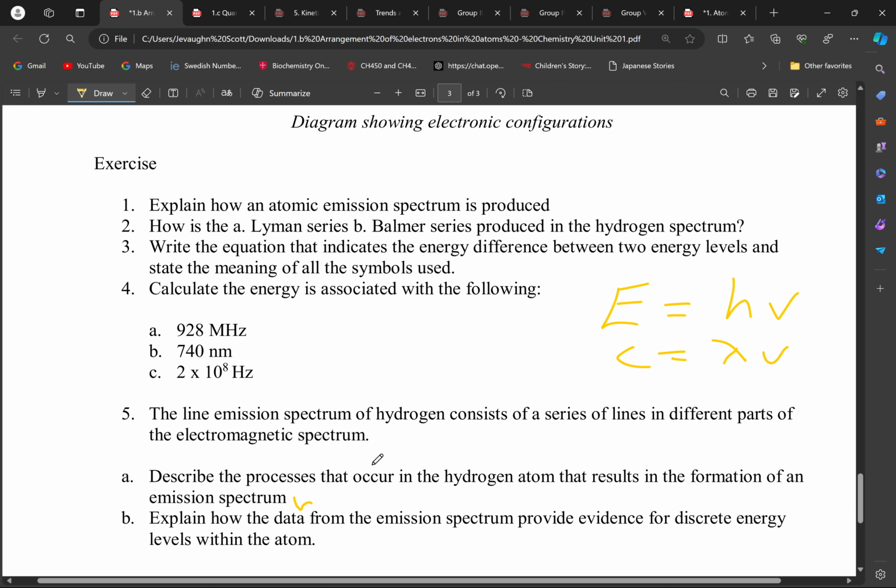So the hydrogen atom is bombarded with photons, and this causes the electrons to move from their ground state to their excited state. And then after that, the energy that is absorbed by the electrons is emitted. And this emission is what causes the emission spectrum.